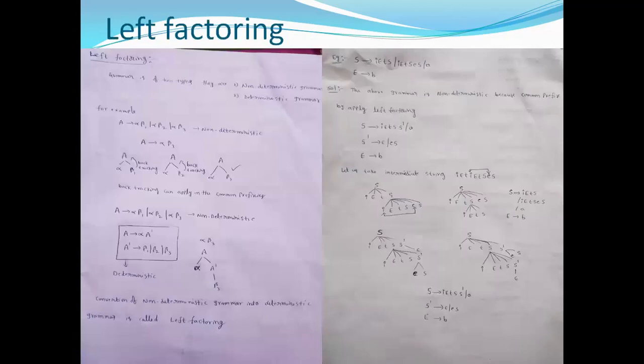So here is left factoring. Grammar is of two types: non-deterministic grammar and deterministic grammar. For example, A produces alpha beta 1, alpha beta 2, alpha beta 3. This is non-deterministic. Suppose the string is alpha beta 3. We first try A produces alpha beta 1, which fails with beta 3, so we backtrack, then try alpha beta 2, backtrack again, and finally get the correct one.